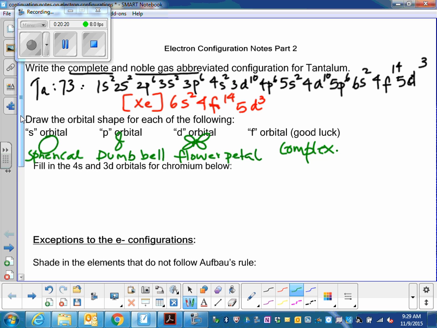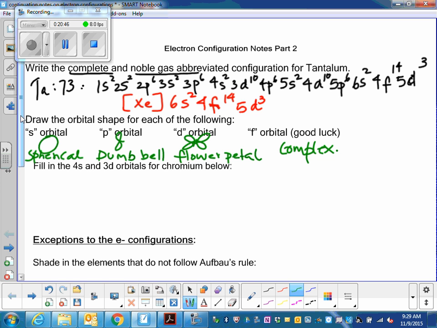What is a half-filled d orbital? 5. D5. Those elements that are just before the half fill and those that are just before the fully filled will become exceptions to electron configuration.